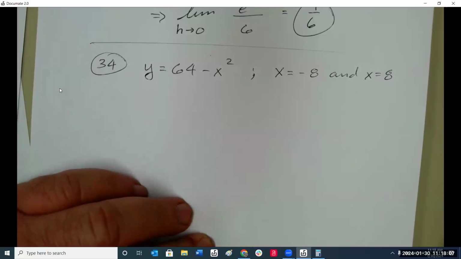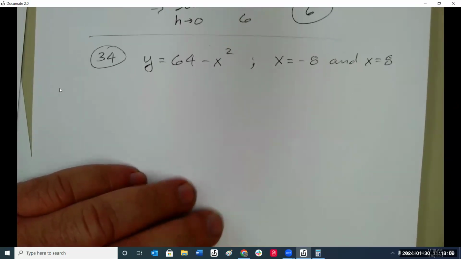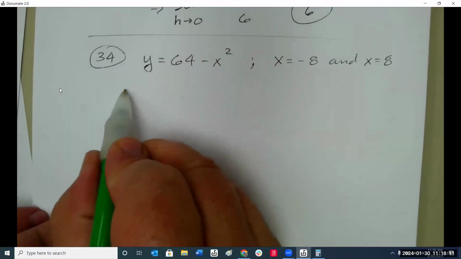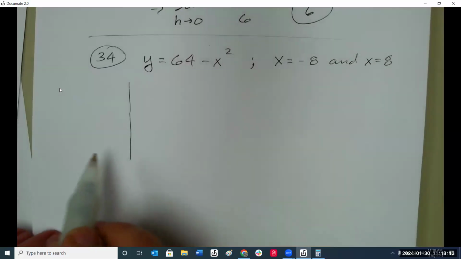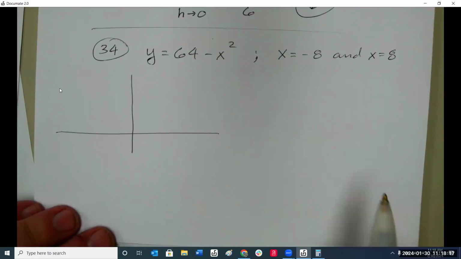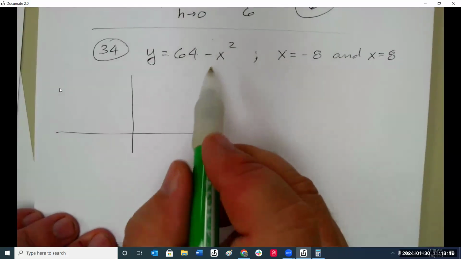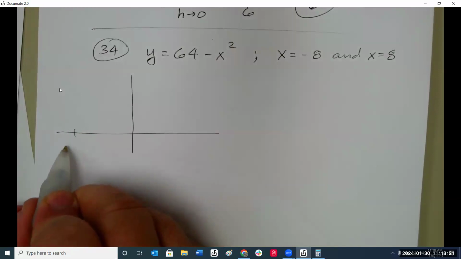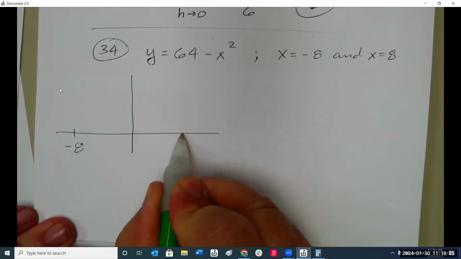What is this saying? We're finding the area under the curve, but using the midpoints. What does this graph look like? It's half a circle.